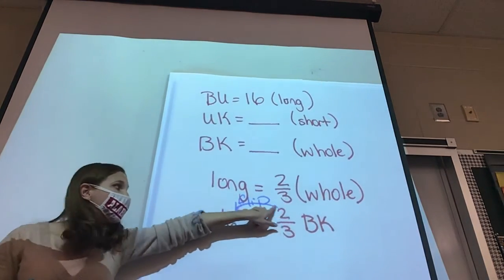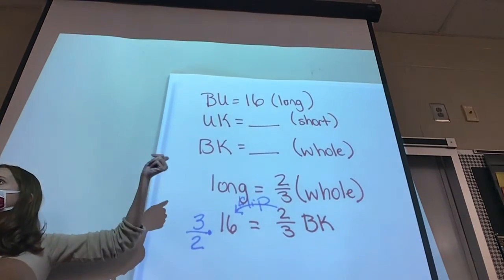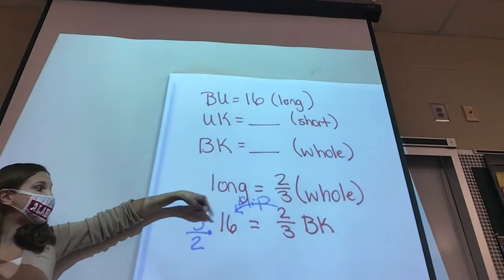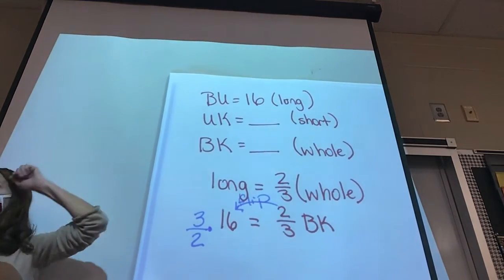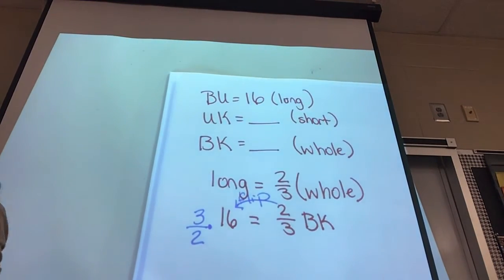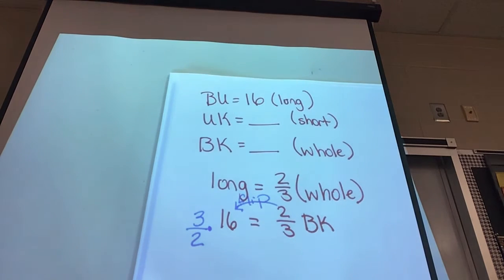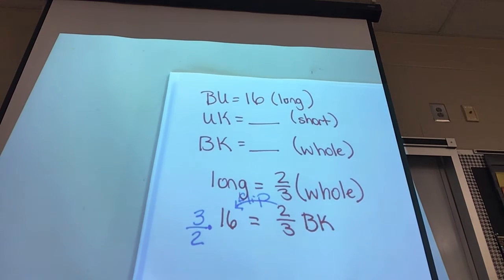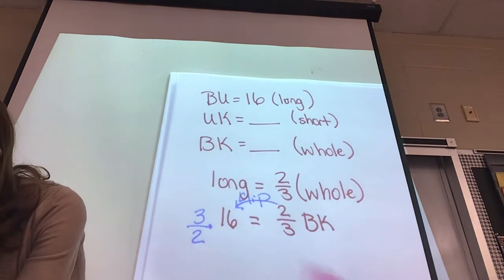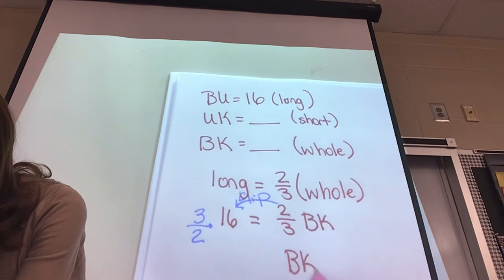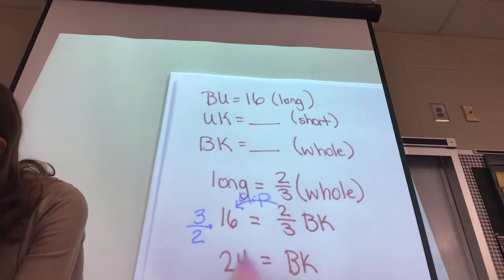Because when it moves, it's got to flip upside down. So now if you multiply this in your calculator, you should end up with 24. So now it's telling me that BK equals 24.